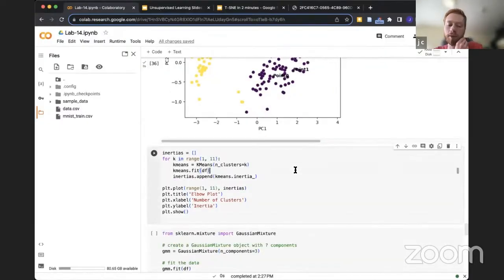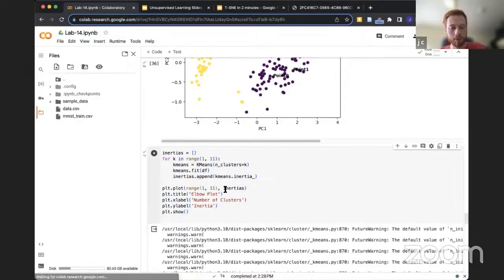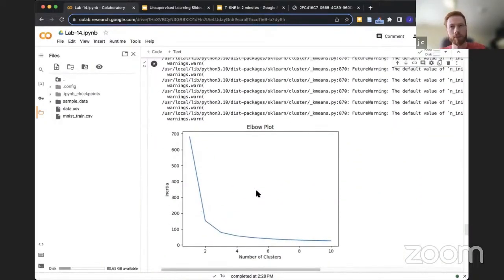In the lecture this morning, you discussed something about an elbow plot. If I now run k-means for clusters going from 1 to 11 and plot the inertia, so the squared distance to the centroid, we get the following plot.